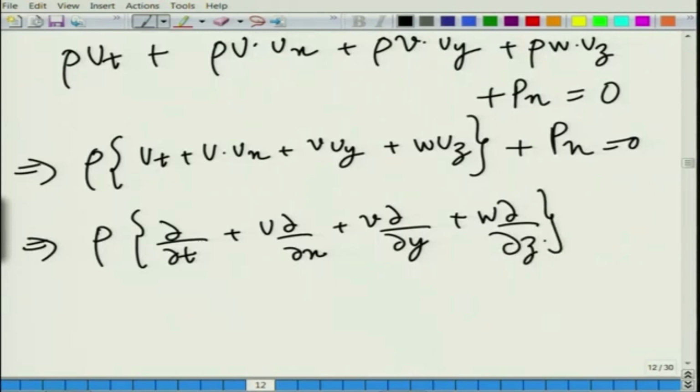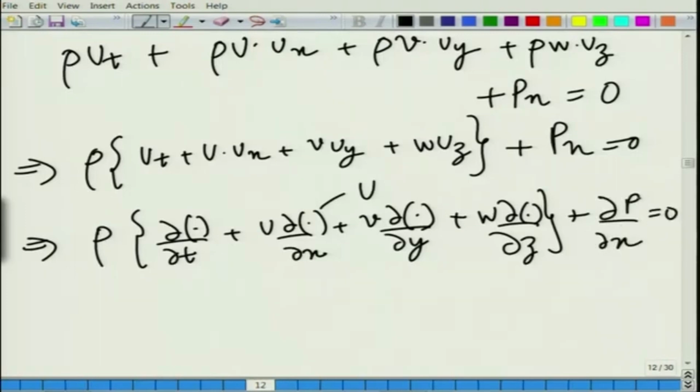This whole thing is acting on your u. This is basically your thing that acts upon this. So, there this particular term is u, and here you have your del del x of p equal to 0.